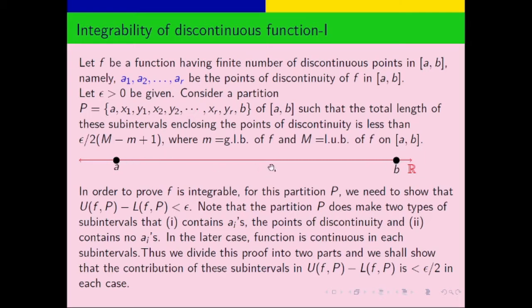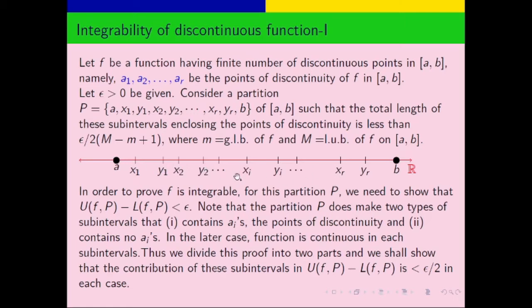If you take points, we do a partition of [a, b] in such a way. We take points x1, y1, x2, y2, ..., xi, yi, ..., xr, yr.